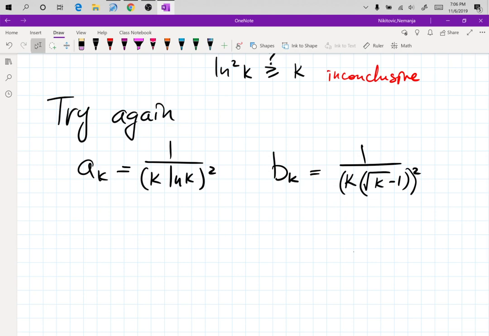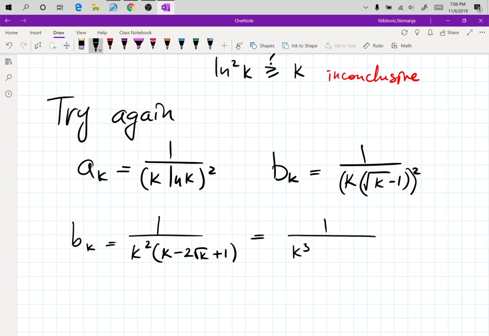So if we have this, maybe this will work. Let's work out this b_k. So b_k, we have 1 over k squared times, and when I FOIL this, I get k minus 2 root k plus 1, for the total of 1 over k cubed minus 2k to the 5 halves plus k squared.